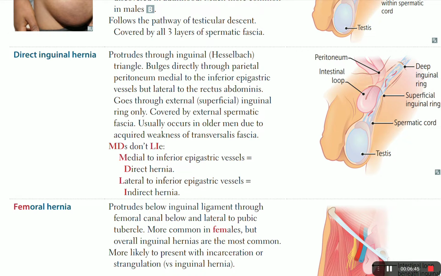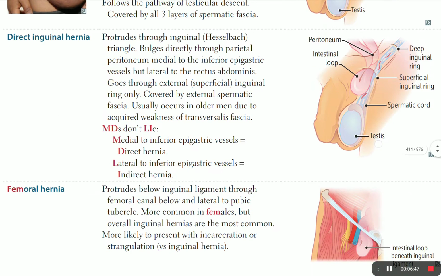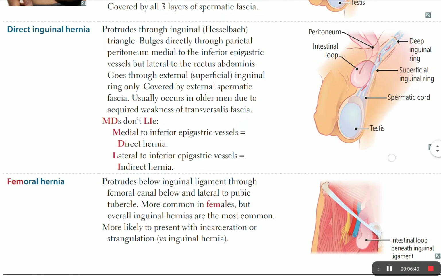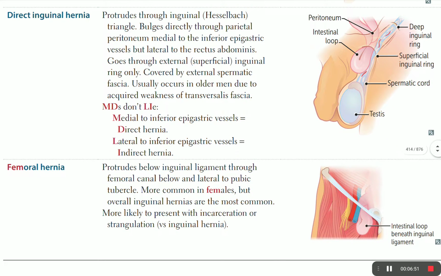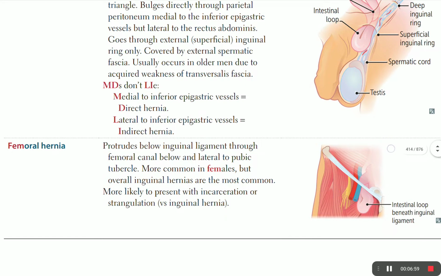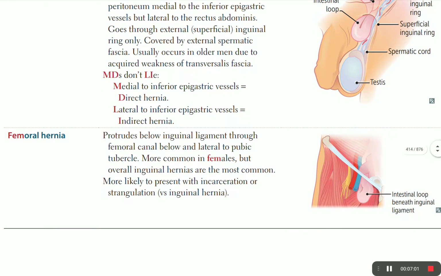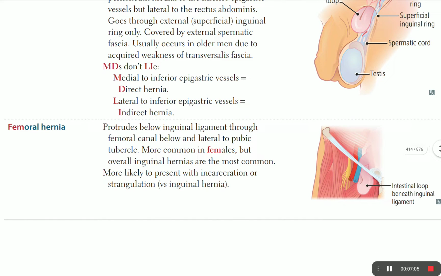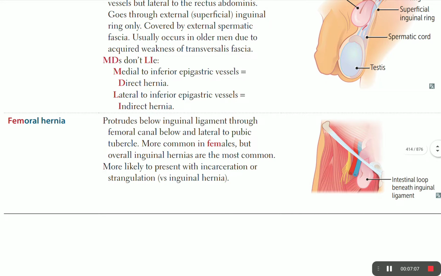Lateral to the rectus abdominis. Goes through the external superficial inguinal ring only, not deep. Covered by external spermatic fascia, usually occurs in older men due to acquired weakness of transversalis fascia.